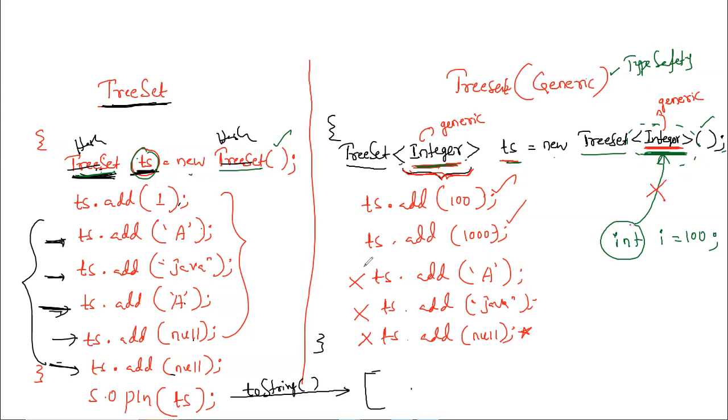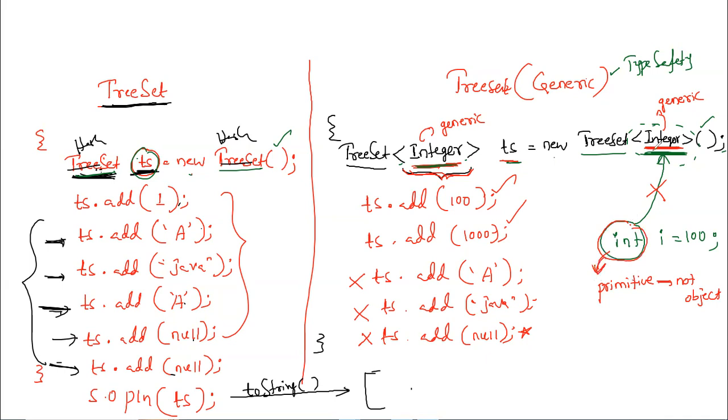Then what's the meaning behind it? This int is what kind of data type? It's a primitive. Is it an object or not? This primitive is not an object. But what is the definition of a collection? A collection is a container which is used to store a group of individual objects. So since this is not an object type, it is a primitive type.